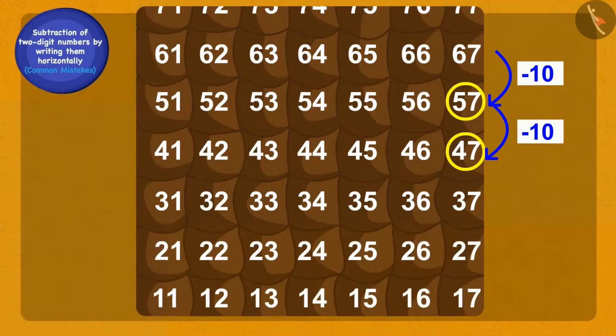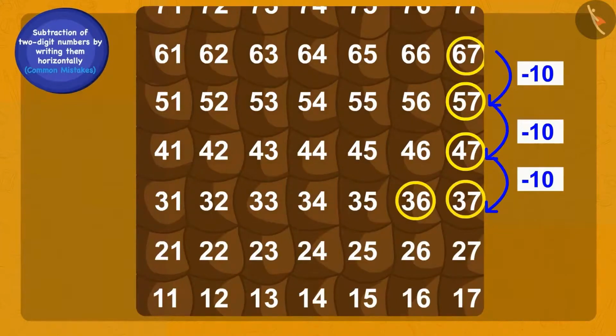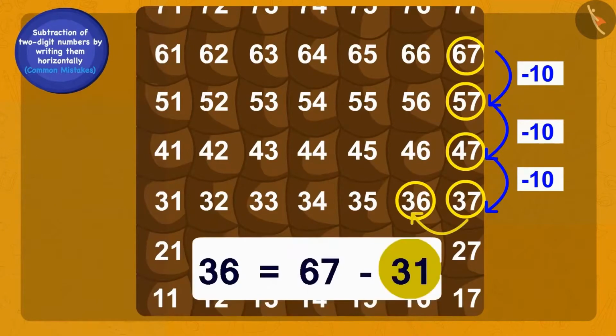Now he finally took another jump and reached 37 on the grid. Children, now how will we reach 36 from 37? Yes, we have reached 36 by walking one step towards the left. In this way, using the grid, Bhola went 31 steps back from 67 and reached 36.